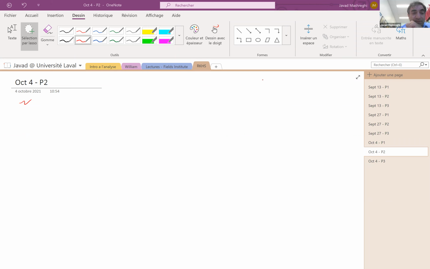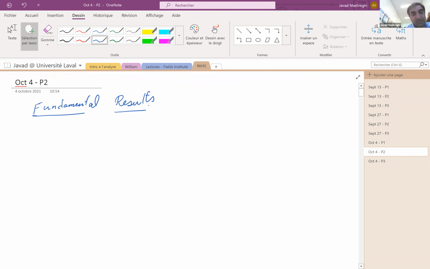So, fundamental results. The first one is about Hilbert space structure of RKHS.